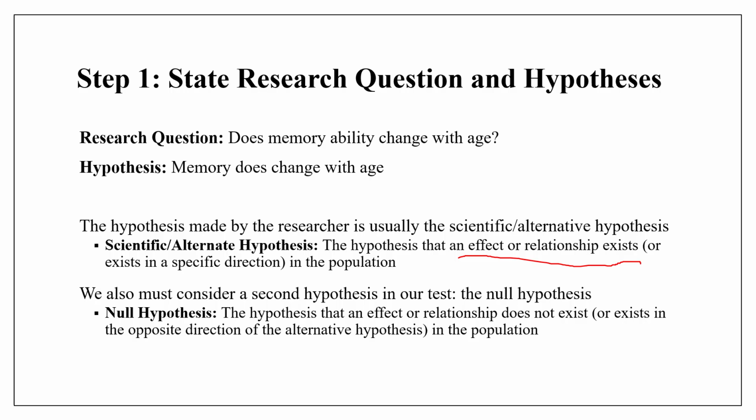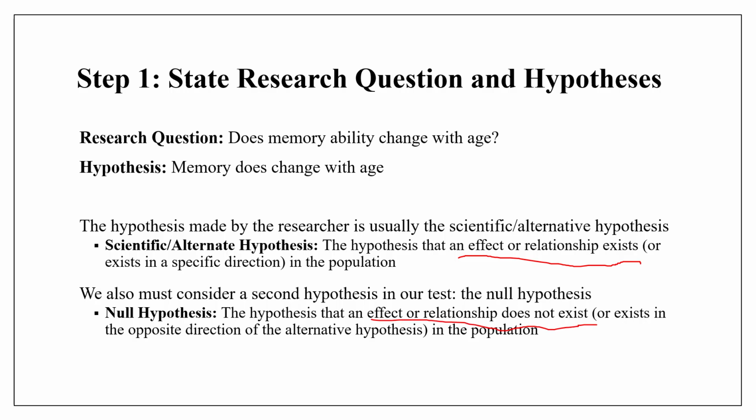The null hypothesis, this is something that we don't explicitly state many times. So if you read research articles, you won't see many times the null hypothesis being stated, but it's always there. And it's going to be that an effect or relationship does not exist.